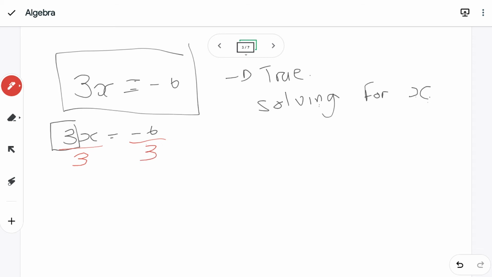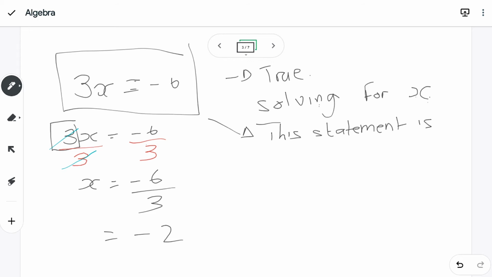If we divide by 3, then this cancels out that, and we're left with just x is equal to negative 6 divided by 3, and that gives us a value of negative 2. So this statement is true only when x is equal to negative 2.